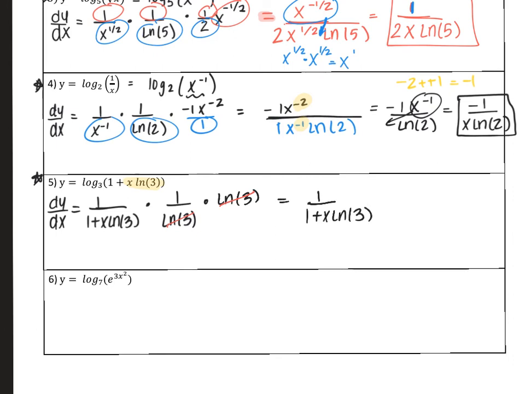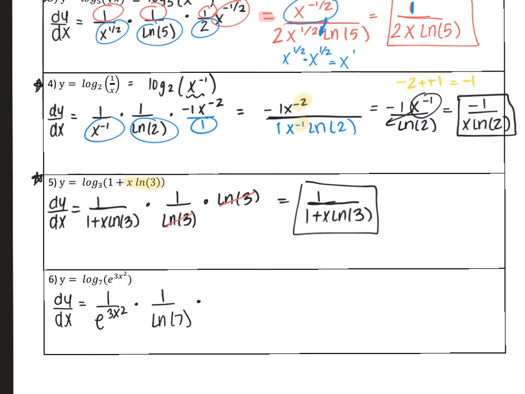This one was tricky. Okay, and then the last one, 6, dy dx, my derivative, is 1 over the inside times 1 over ln of the base times the derivative of the inside, which is the derivative of e to the power, same, times the derivative of the power.